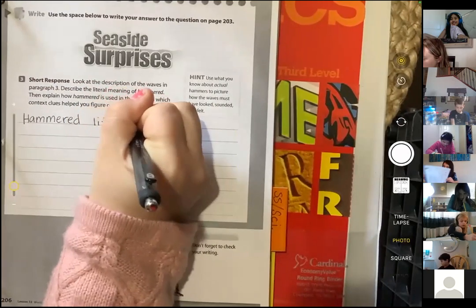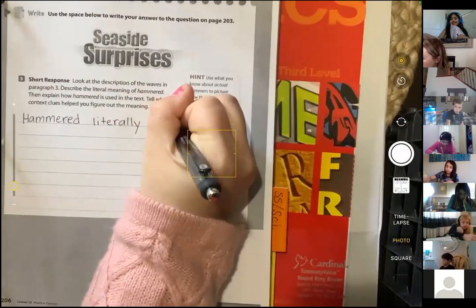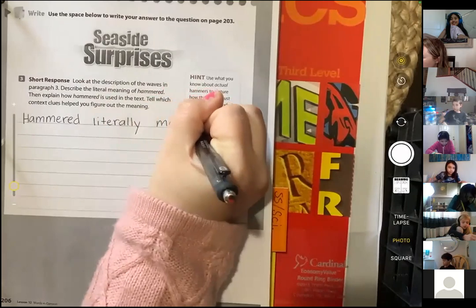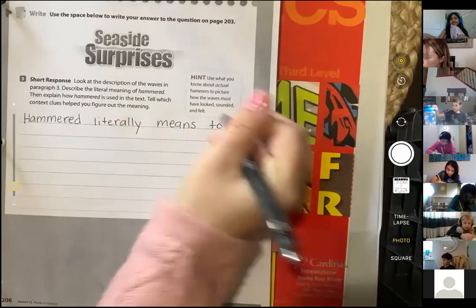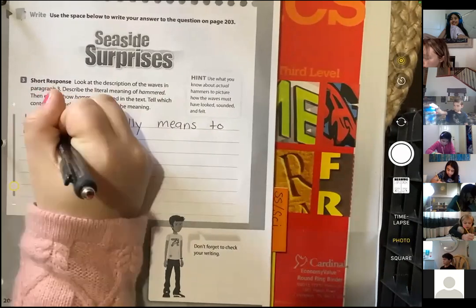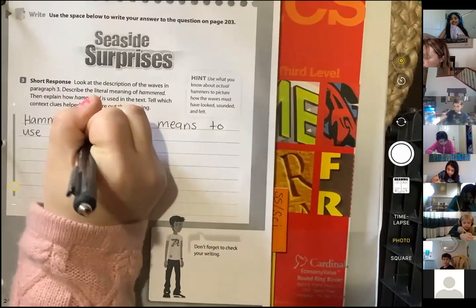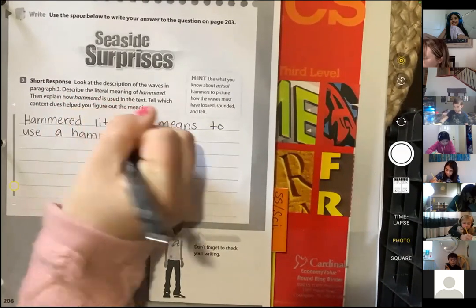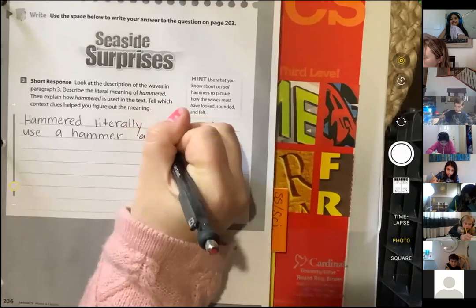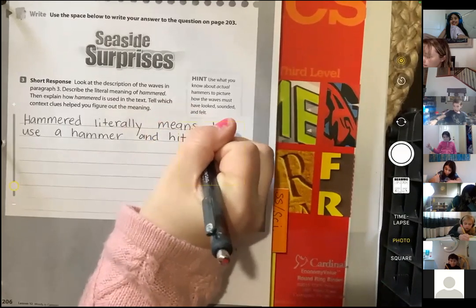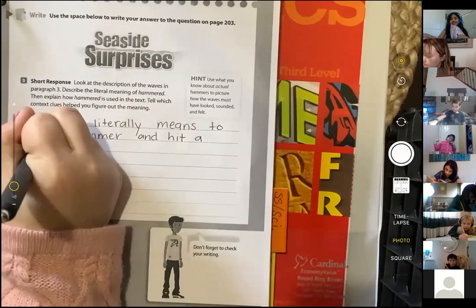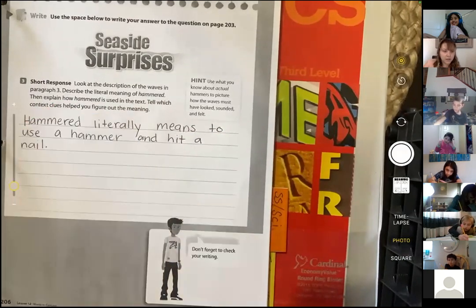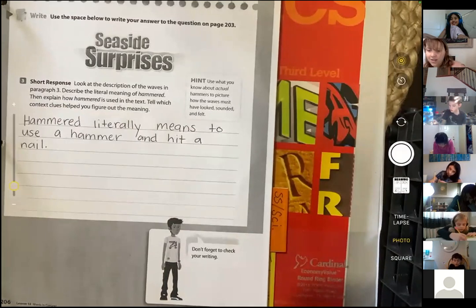Literally means to use a hammer and hit a nail. Okay, there's our first sentence. That's what hammered means. Means to use a hammer and hit a nail.